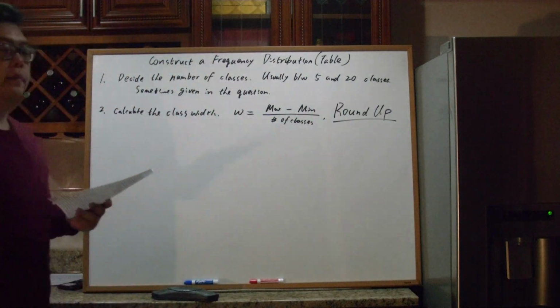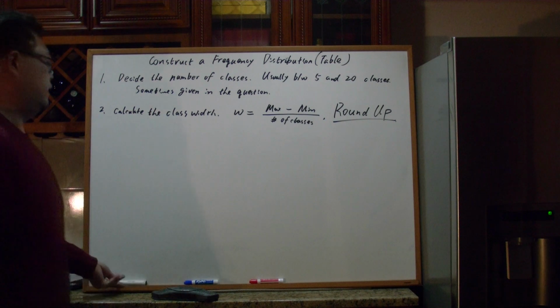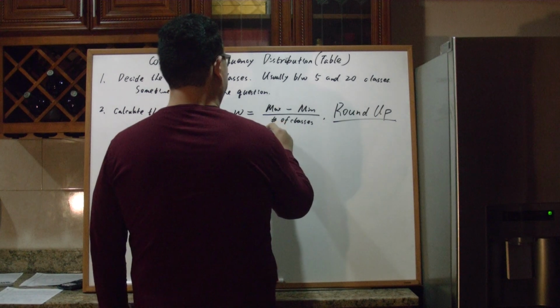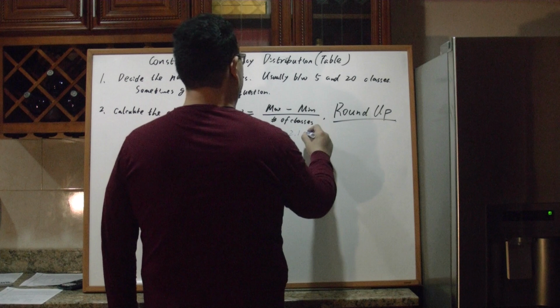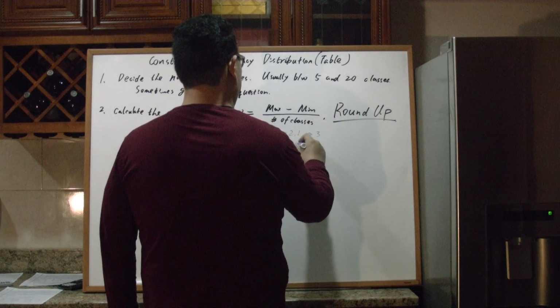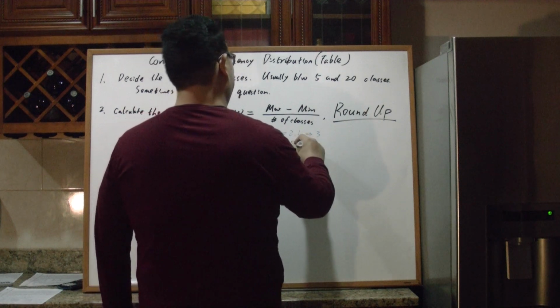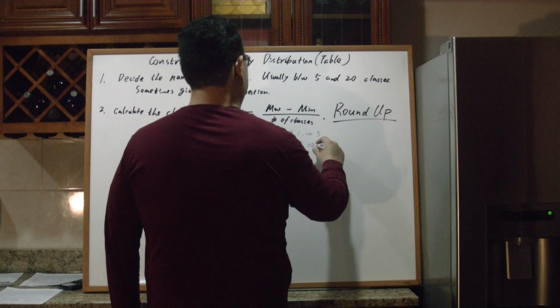And always round up. So no matter what we get, we always round up to the next integer. That's what round up means here. If we calculate it out to be 2.1, it will become 3. If we get 5.8, it will definitely become 6.